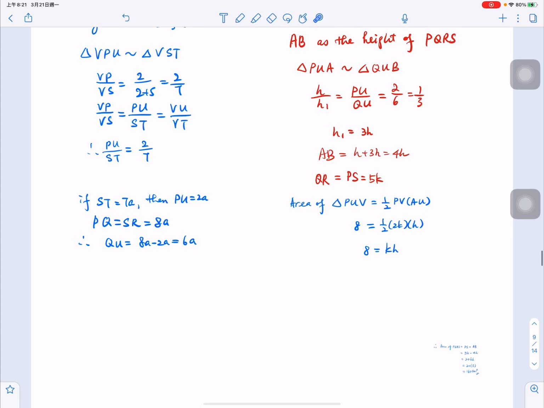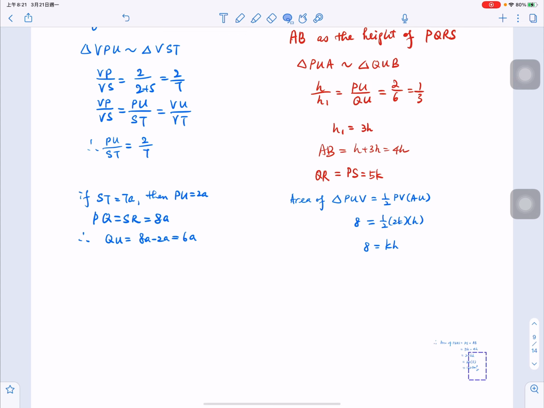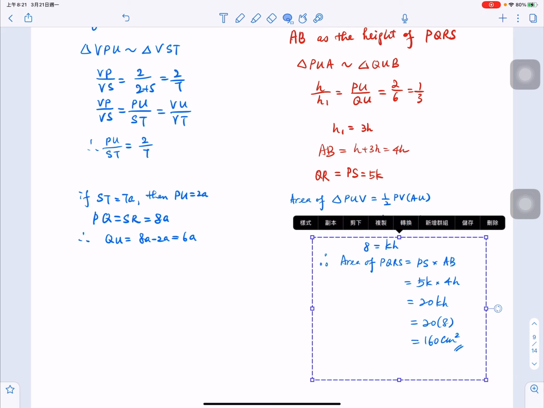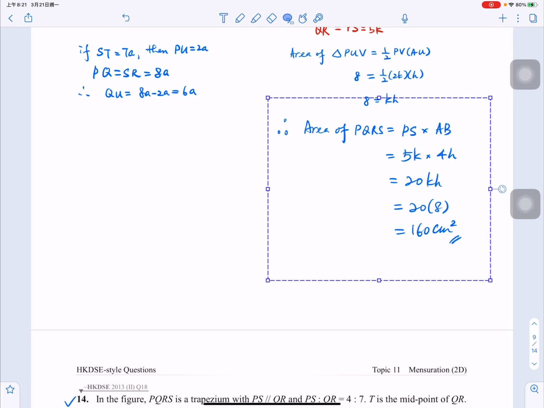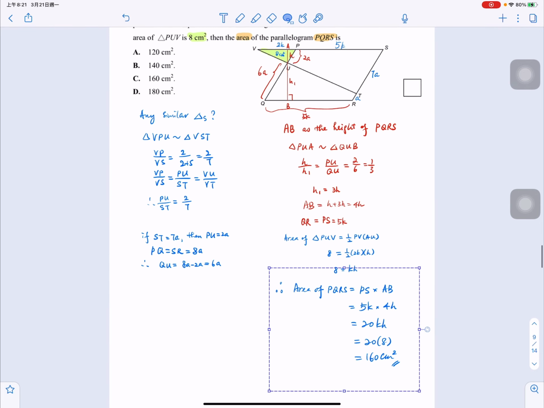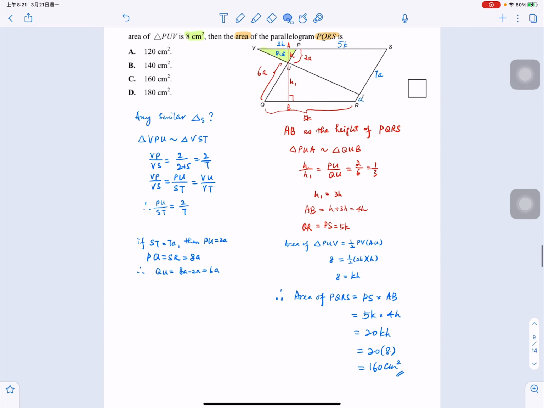So the area of PQRS is the base PS 5K times the height 4H, so 20 times KH, that means 20 times 8. So at the end, 160 cm squared. So as a result, the answer is C, 160 cm squared.